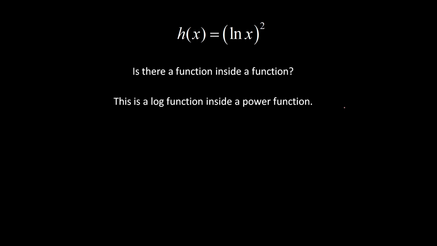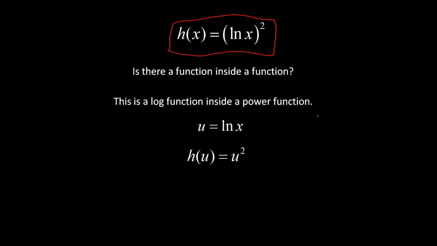And so what we're going to do is define the inner function as u, which then means h is just u squared. And notice what's happening here. Our original function is not any of our derivative patterns.